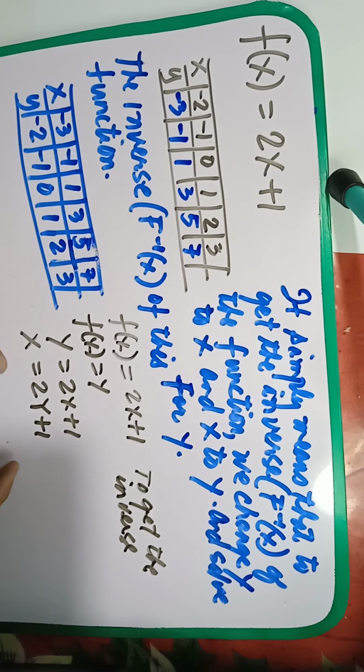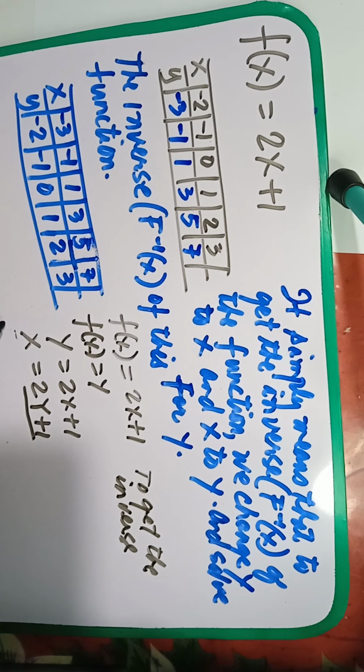Then, solve for y. For me, I will use the commutative property. Commutative property means we have to transfer this to the left side, and this one to the right side. Why? Because 2y will be here, no? Because we will solve for y.